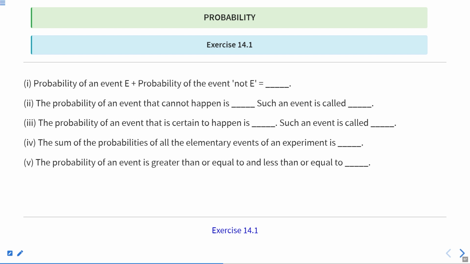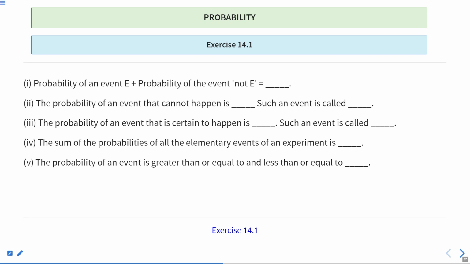In the third one, we have: the probability of an event that is certain to happen is dash, and such an event is called dash. We know the probability of an event that is certain to happen is 1, and such an event is called a certain event or sure event.